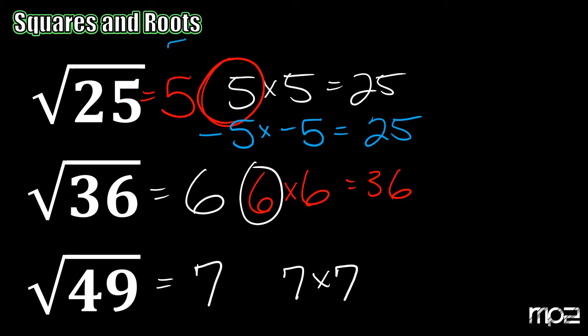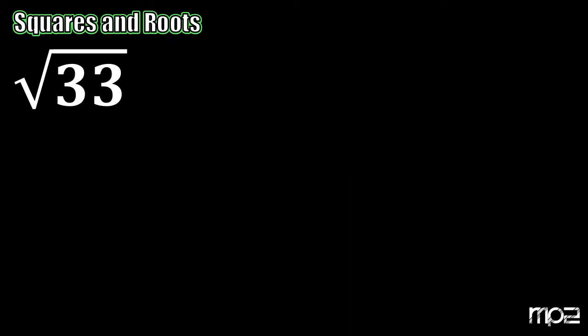I can say that it is 5, but it's also going to be -5. But for the sake of this video and the sake of your classwork, we're just going to focus strictly on it being the positive number, knowing that, yes, -5 times -5 will still give me the same number as positive 25.